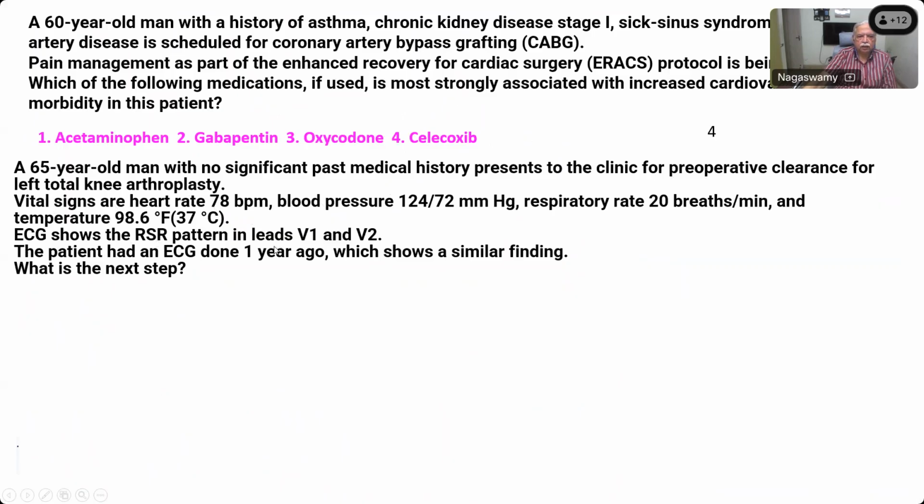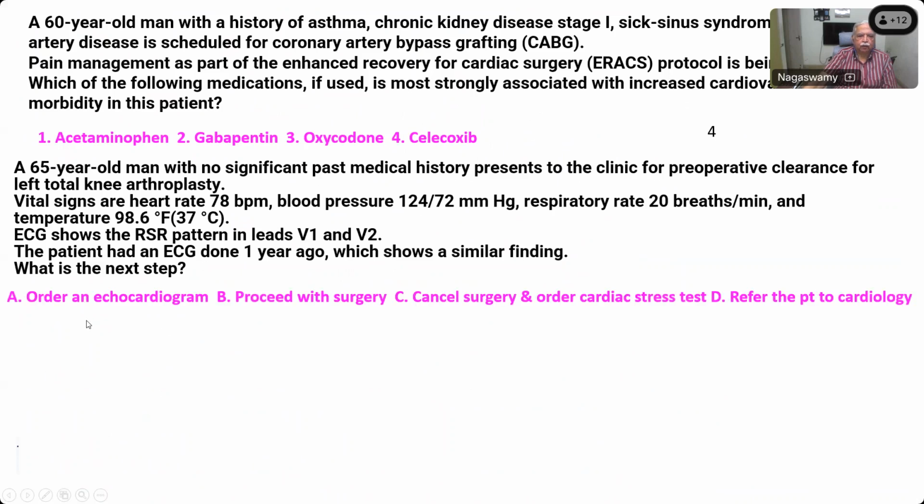ECG shows RSR pattern in V1 and V2. The patient had an ECG done 1 year ago, which shows a similar finding. What is the next step? The 4 options are: order an echocardiogram, proceed with surgery, cancel surgery and order cardiac stress test, refer the patient to cardiology.